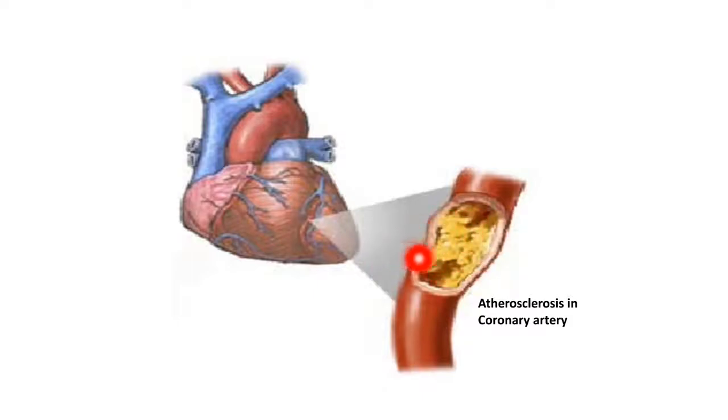Here you can see there is a plaque formation with lipids that leads to the closing of that artery, blockage of that artery, and decreased supply of oxygen and nutrients, that leads to ischemia, atherosclerosis to ischemia and chest pain finally.